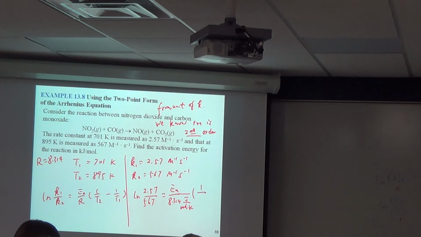And then 1 over T2 is 895, minus 1 over T1, 701.